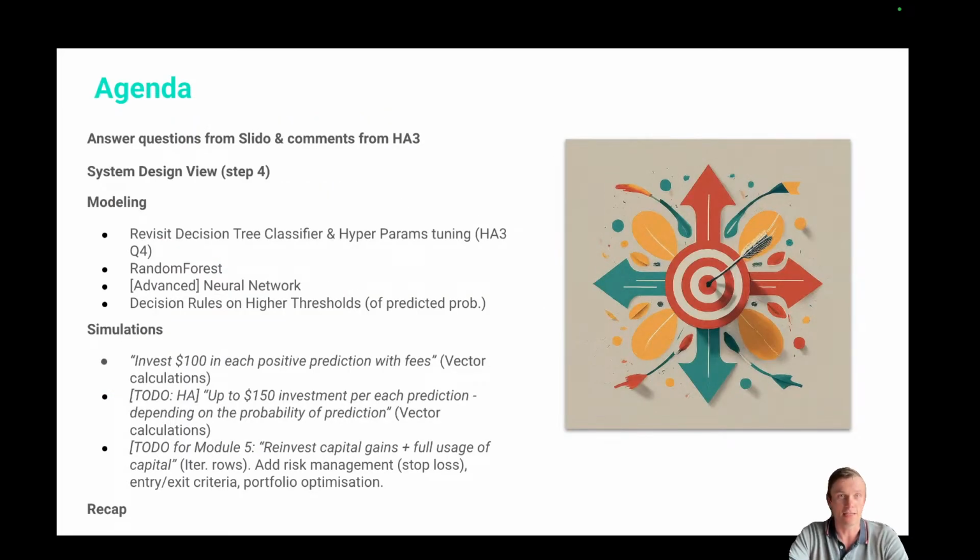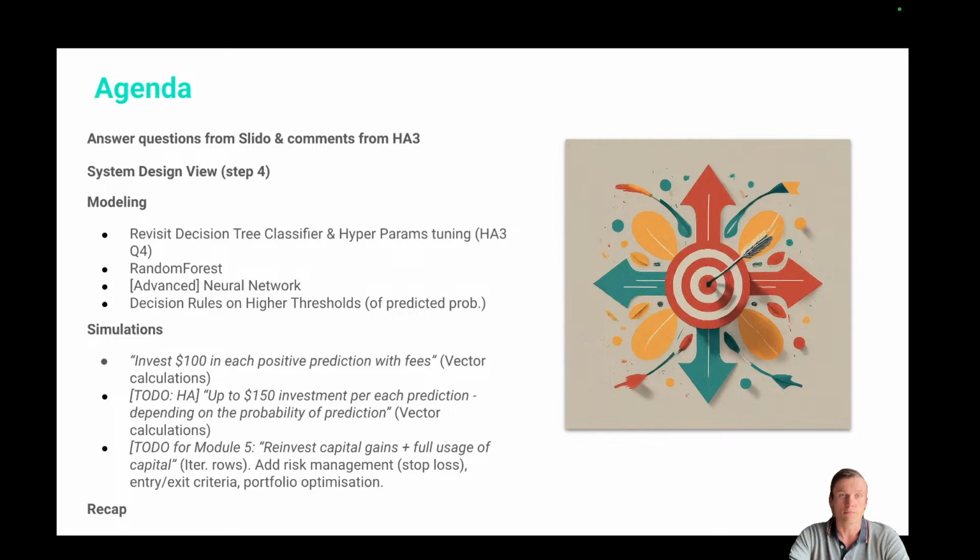So here is the agenda for today. At first, we will answer some questions from Slido, and I'll share comments from home assignment number 3. Then we'll talk about system design view, step number 4. We are quickly approaching the last step number 5, where we will have the automated trading system.